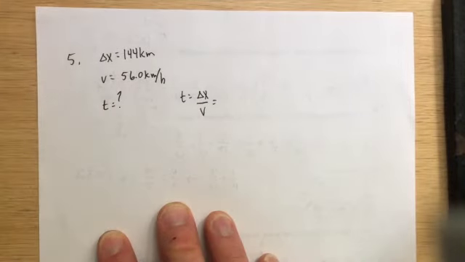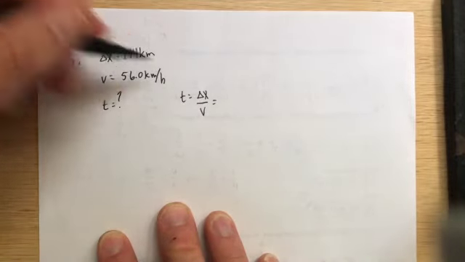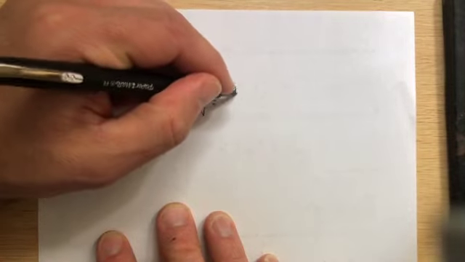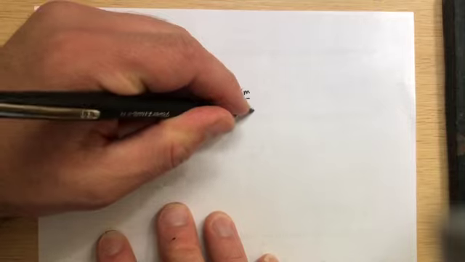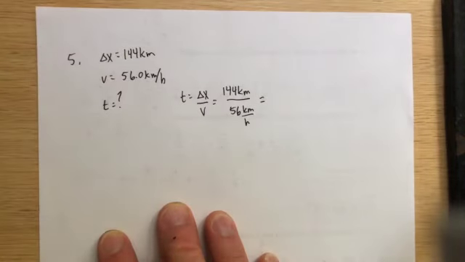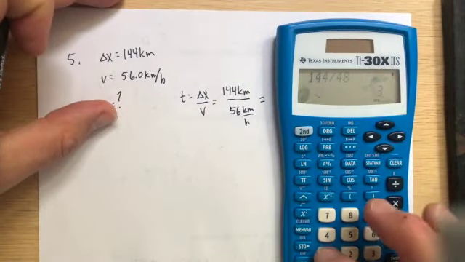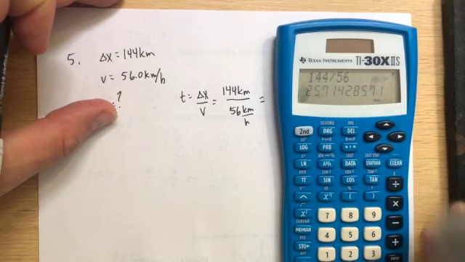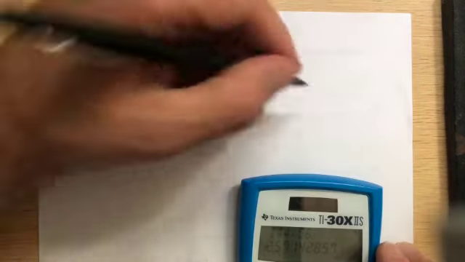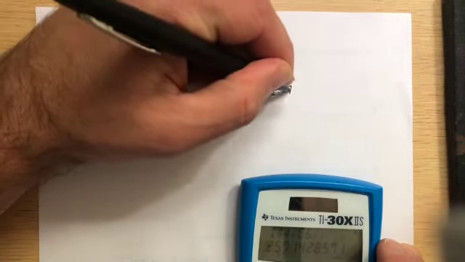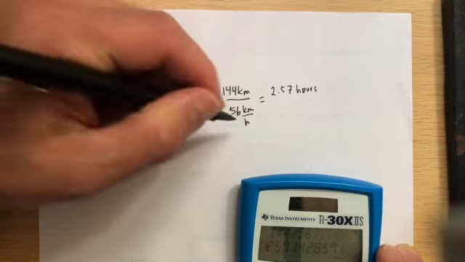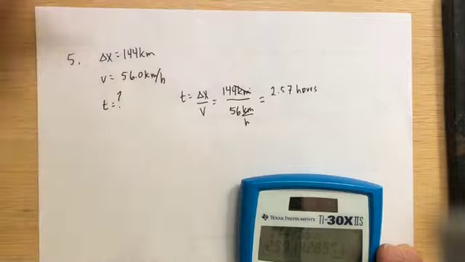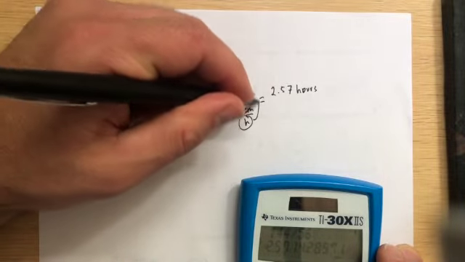I'm not going to redo that since I already did it. So delta x is 144 over 56. 144 divided by 56 equals 2.57 hours. Kilometers cross off kilometers, the hours comes up to the top.